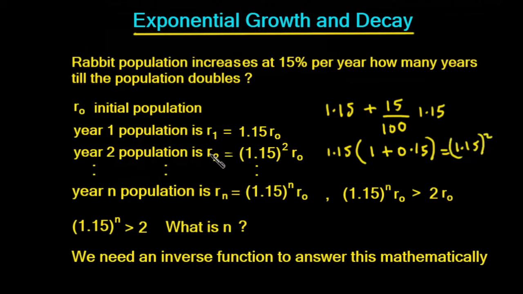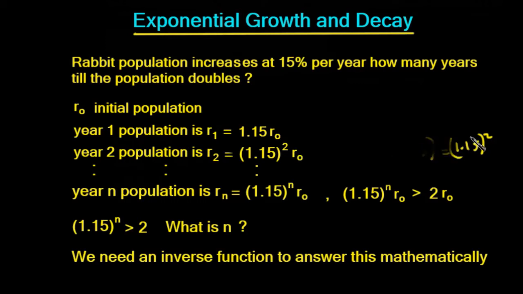So the new population is going to be 1.15 squared times the original population. Now we can continue doing that. After 3 years the population would be 1.15 cubed. After 4 years it would be 1.15 to the power of 4, and so on and so forth.